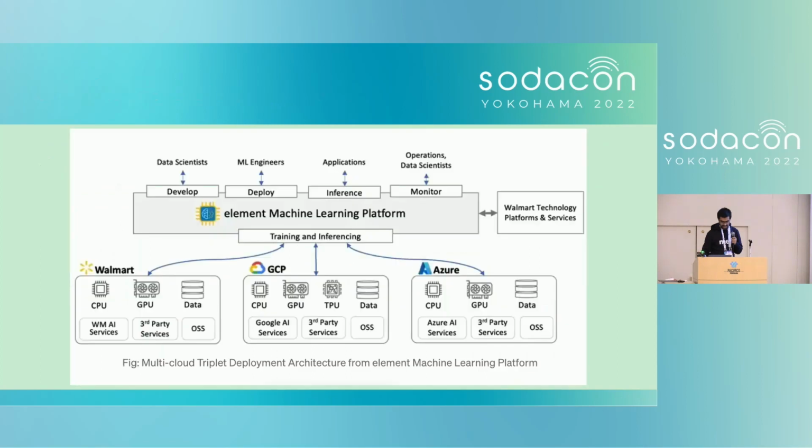The first slide? Yeah, that one. This one? So, Walmart Technology Platform and Services. Which one are you talking about? The left box, the right box. The machine learning platform, right? Yeah. Then on the right, Walmart Technology Platform and Services. What is that?